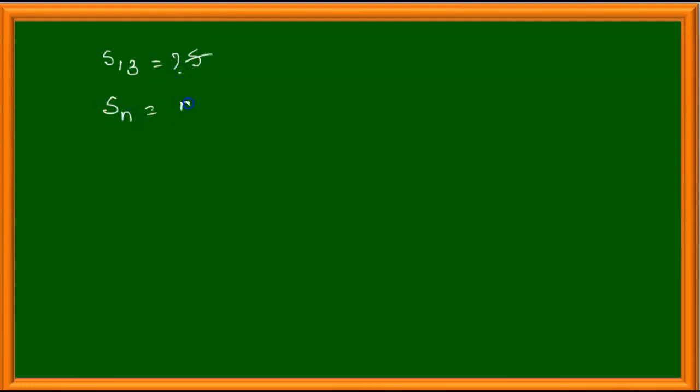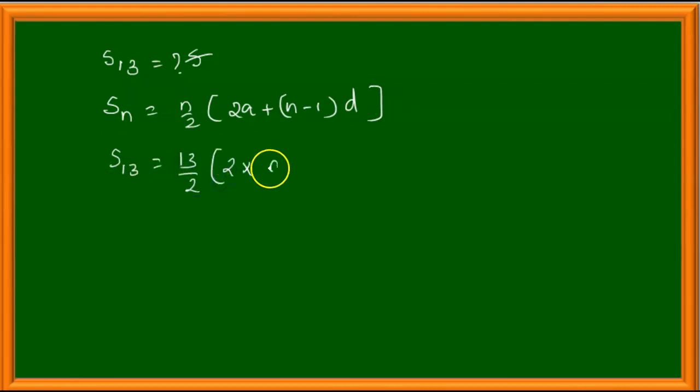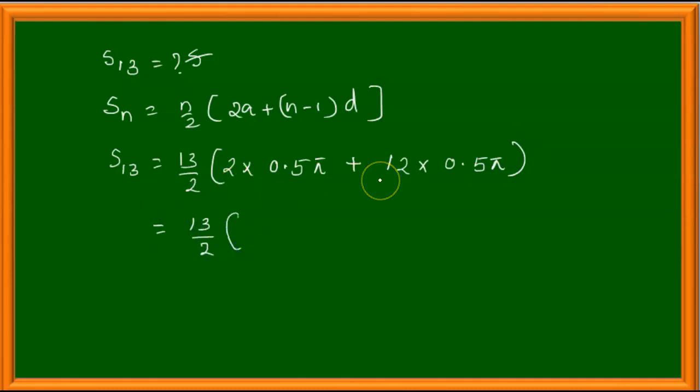The Sn formula we can write as n by 2 into 2a plus n minus 1 into d, isn't it? So S13 is equal to 13 by 2 into 2 into a, that is 0.5 pi, plus n minus 1, which becomes 12, into d, which we also got as 0.5 pi. Here 0.5 is nothing but 1 by 2.